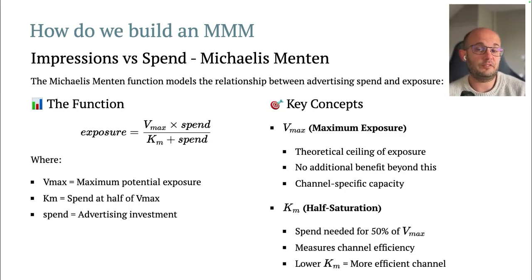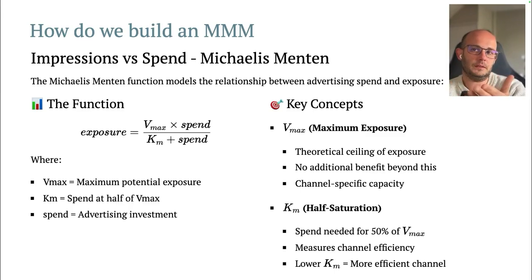But one of the objectives is to achieve optimal budget allocation. I want to understand where I should put my money. So we need a way to relate impressions to spend. The usual way you do this is using the Michaelis-Menten function, where you're basically modeling the relationship between advertising spend and exposure.